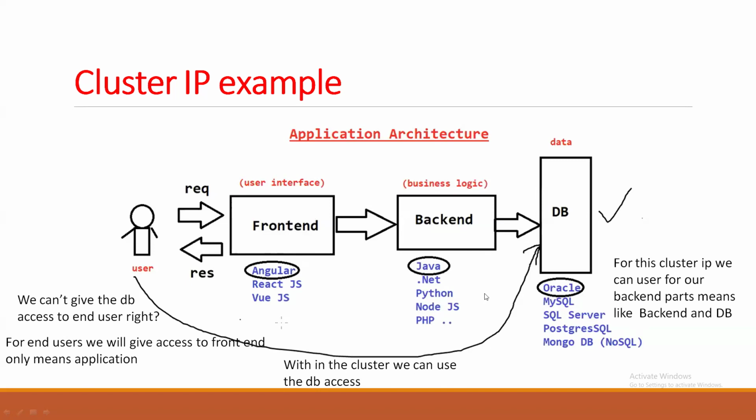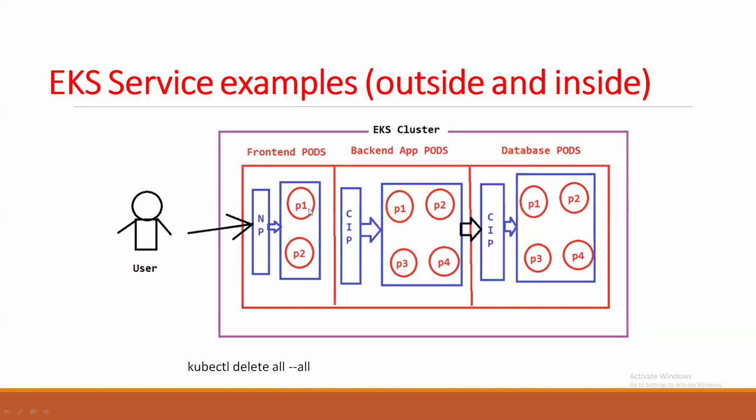So back end and DB, guys, here you see. This is the database node. This is the back end node. This is the back end node. This is the database node. For example, this database has the pods P1, P2, P3. Every pod has an IP address, right?